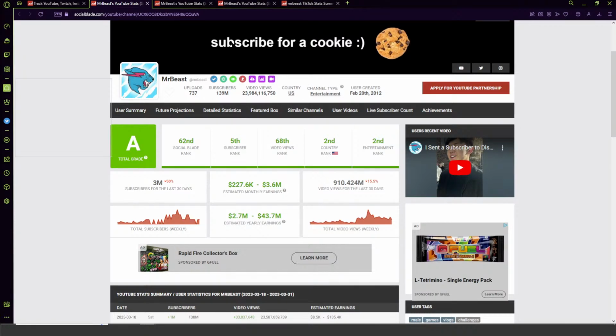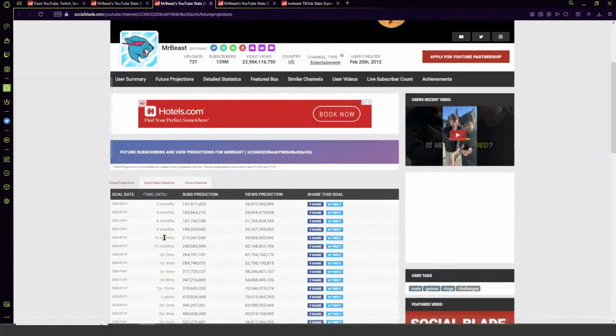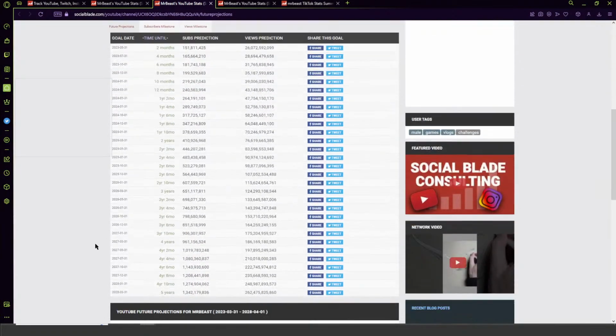I like these just to look at them because I find them interesting. Because it basically looks at the trends and says, well, if this individual stays with these trends, this is where they'll be in a month, this is where they'll be in 3 months, this is where they'll be in 5 months, a year, however long.